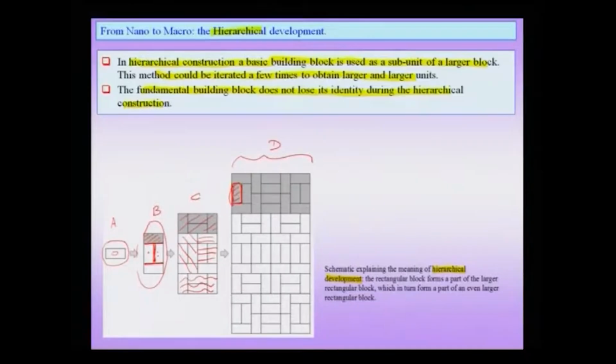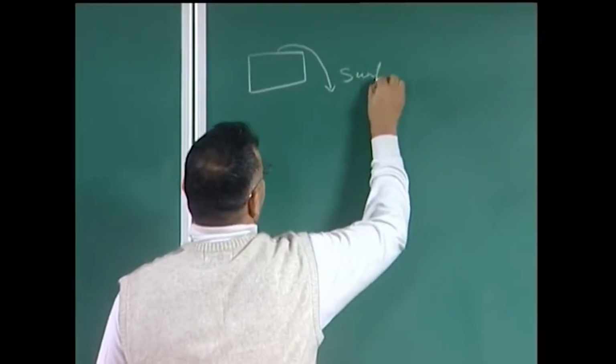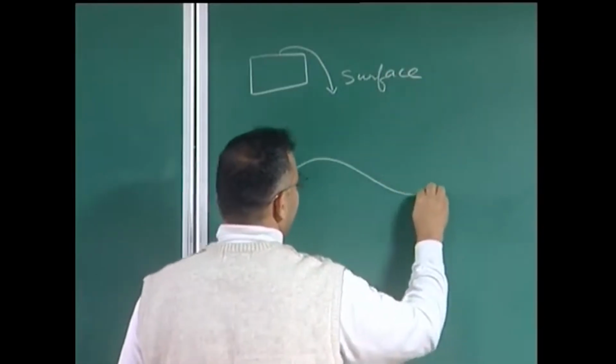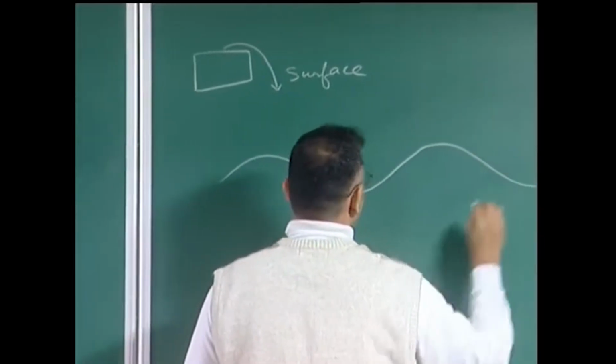Another nice example, which I will explain on the board, would be what you might call the evolution of hierarchical surface roughness. For instance, suppose I talk about my surface, a material like this, and I am focusing on the surface now. The surface could have a certain wavelength like this, its roughness.